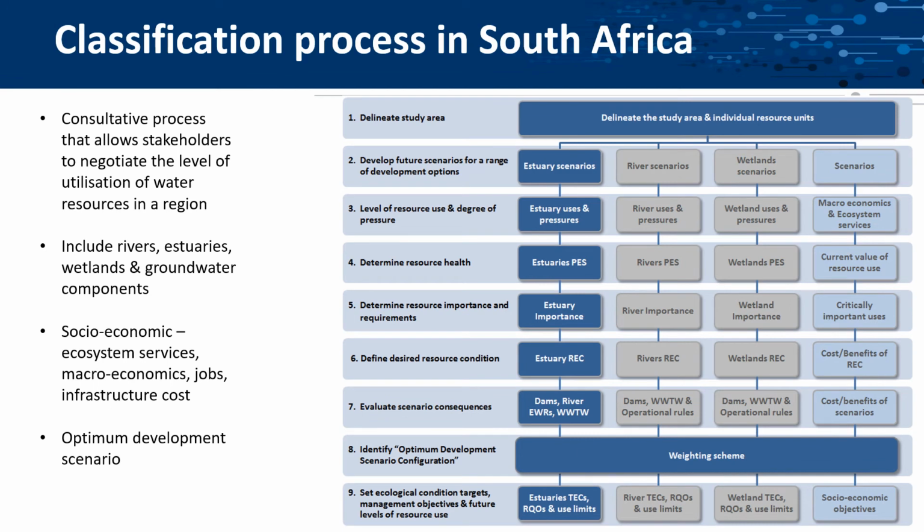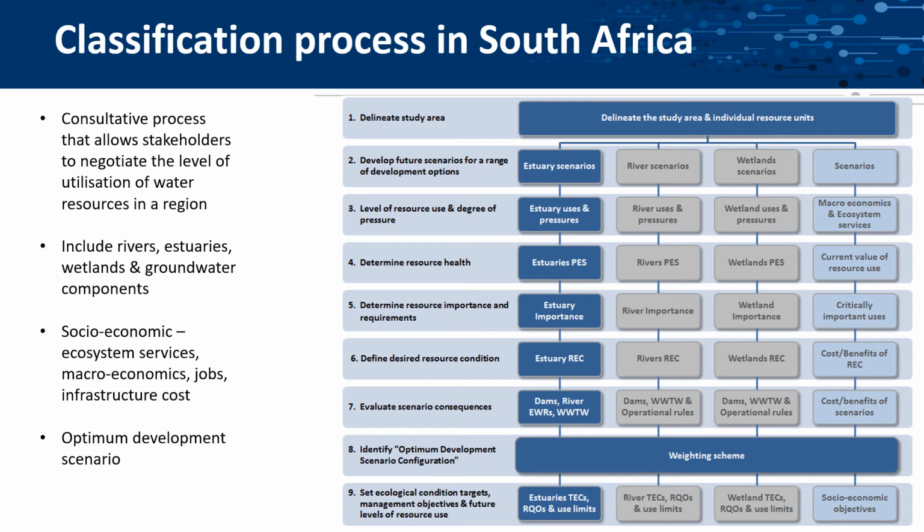It also should be noted that our e-flows processes in South Africa very seldom happen anymore in an estuary by estuary type of setting. We now have moved into the process of classification, which is a consultative process allowing stakeholders to negotiate the level of utilization of water resources in a catchment or region.